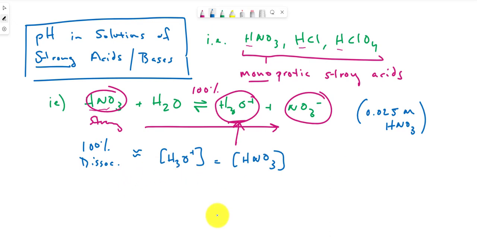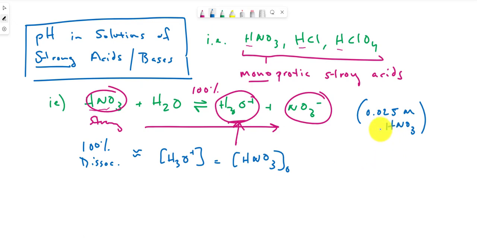Another way to phrase that is that if we have 100% of the nitric acid dissociating, then that simply means, at least stoichiometrically here, that whatever we started with, whatever that initial concentration of HNO3 was, and I'll just write that with a naught down here, that's got to be equal to H3O+, because every one molecule of HNO3 produces one of these, and it 100% dissociates.